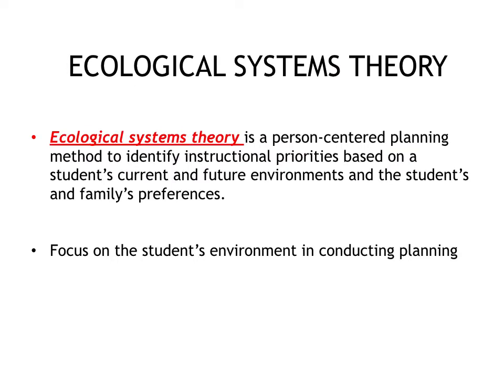Okay, ecological systems theory is used as a person-centered planning method to identify instructional priorities based on a student's current and future environment and the student's and family's preferences. Therefore, this approach focuses on the student's environment in conducting planning.